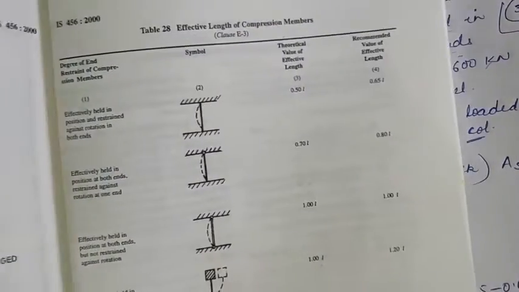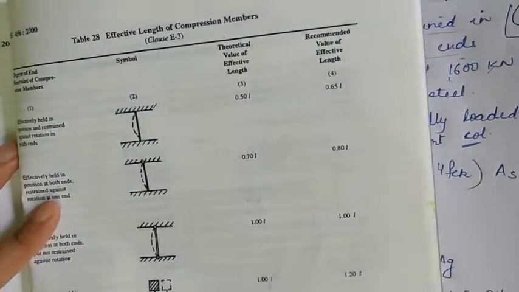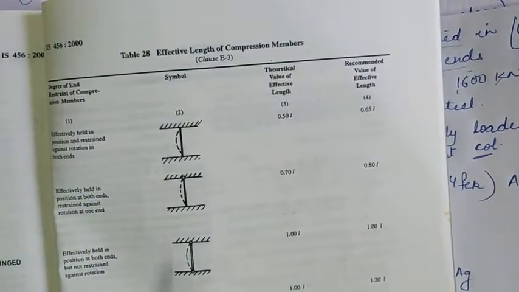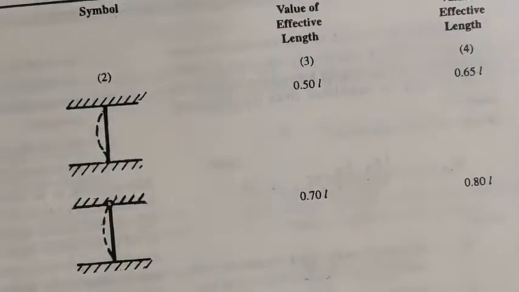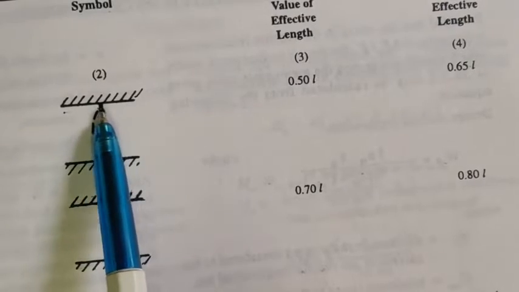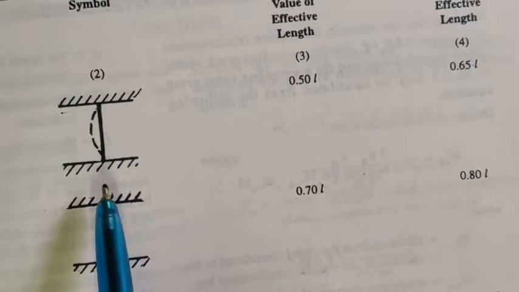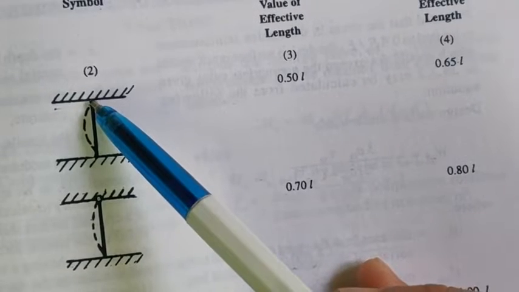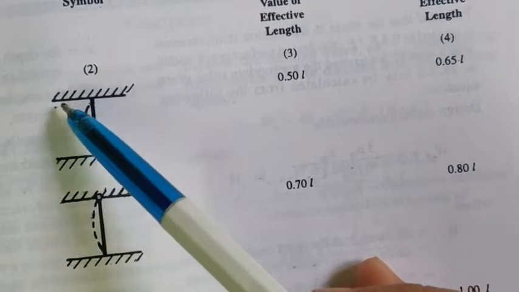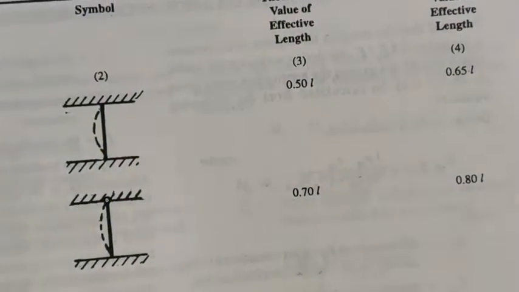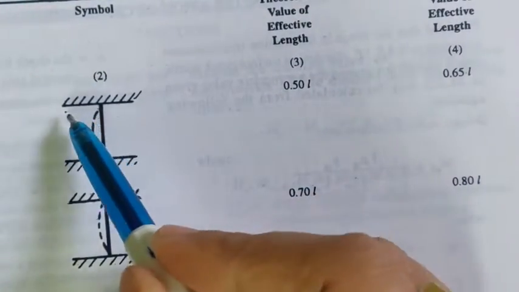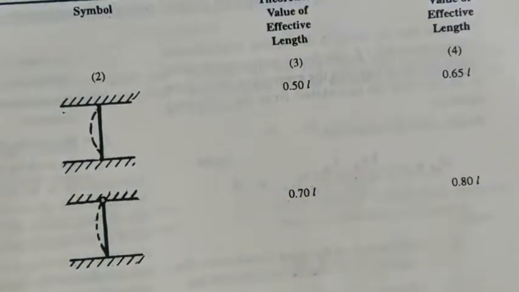So I'll be using table 28. The system is restrained in position and direction. That means it cannot move from this point and it cannot sway also. Okay, it cannot rotate and it cannot sway.